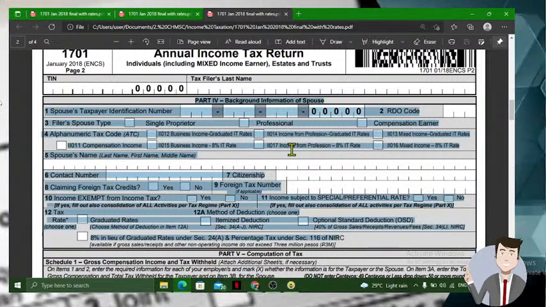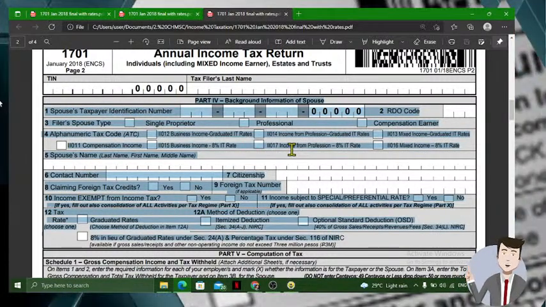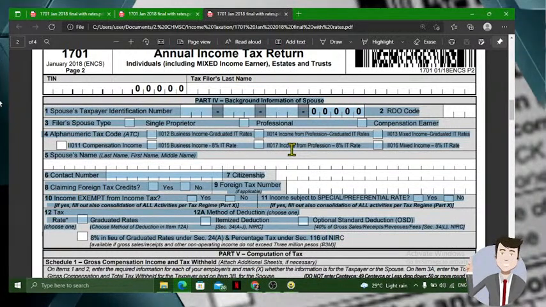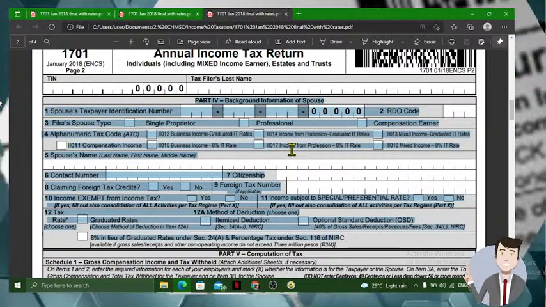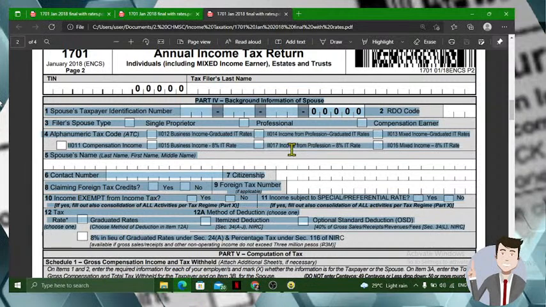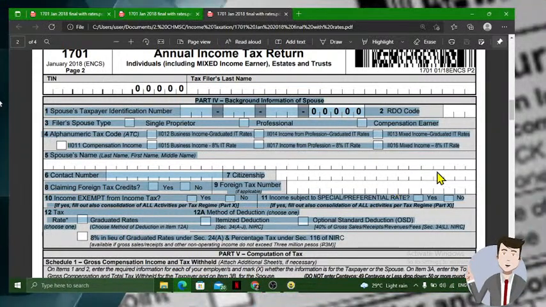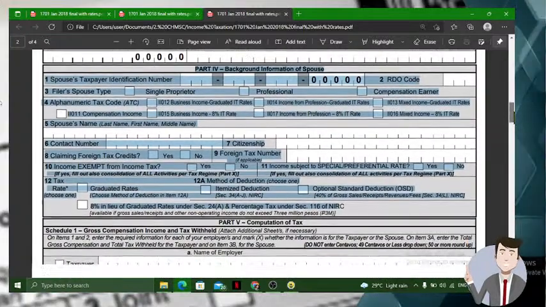If joint filing is not applicable, so therefore this is separate filing in case of husband and wife, they were filing separately, so this part is no longer applicable.